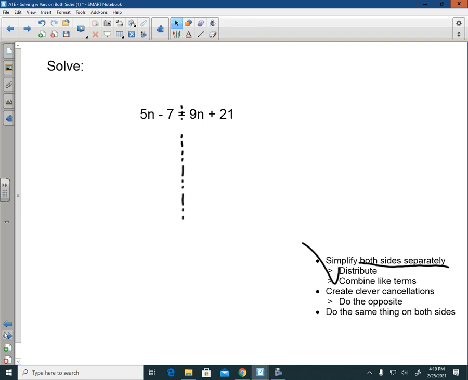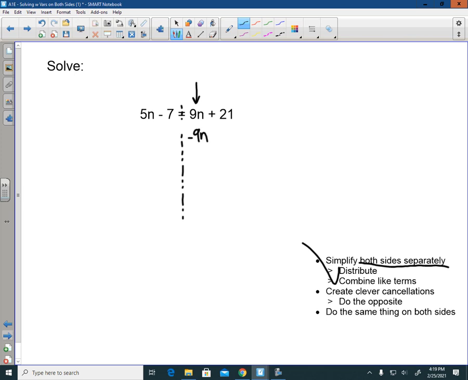Now I'll tell you what, I like to start here. The reason is that if I subtract 9n from both sides, the variable ends up being on the left side. And I like that. So that's where I'm going to start. But you could start anywhere and we would still get the same answer.